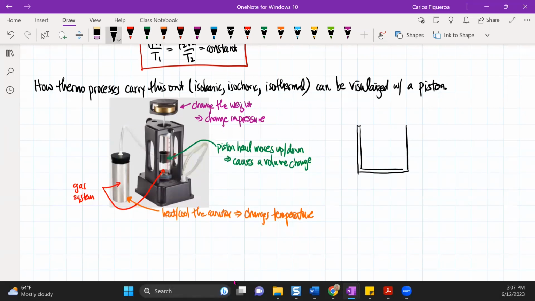So these are the walls of the piston. Now, what contains the gas is this piston head. Let's say that I draw this in this color. That's showing you the piston head. And these are the walls that contain the gas.